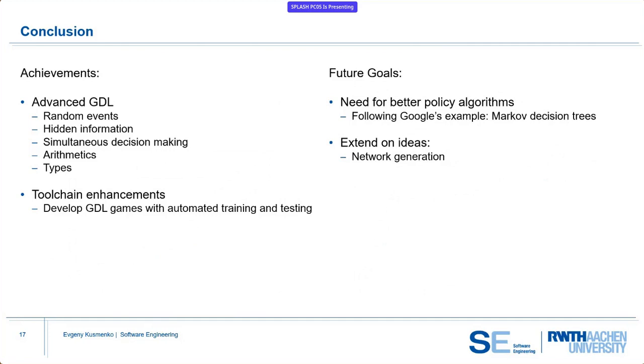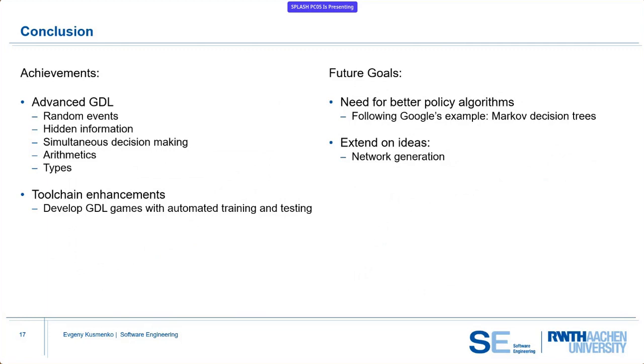Furthermore, the model is integrated in this toolchain, and AI players are trained automatically so that we can come up with AI players and different variants of these AI players after training automatically.